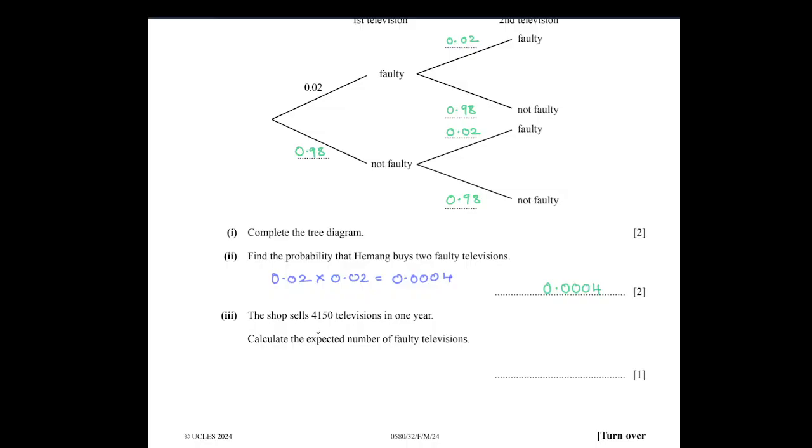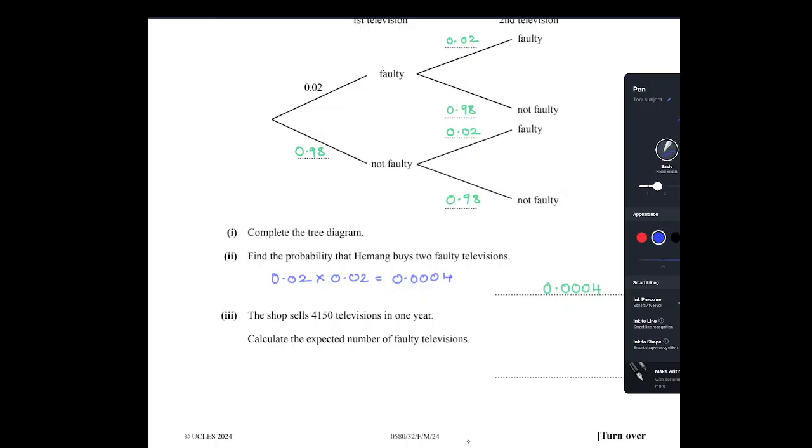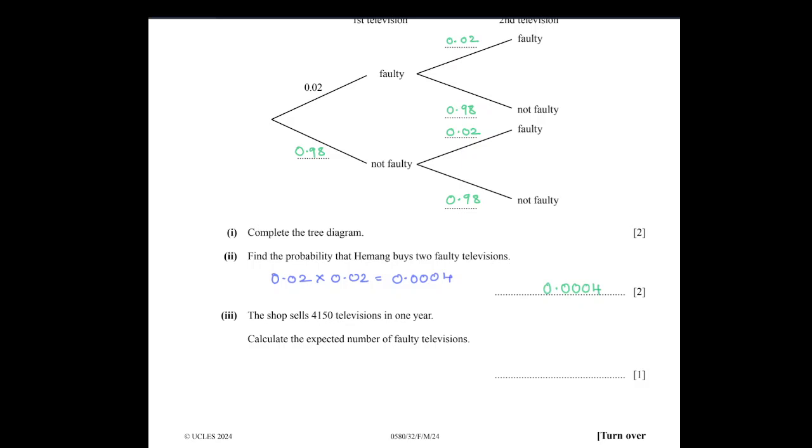The shop sells 4,150 televisions in 1 year. Calculate the expected number of faulty televisions. So the expected number of faulty televisions you will get by doing 0.02 into 4,150, which will be 83.